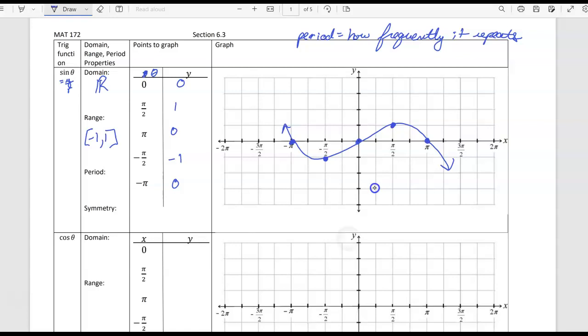So our period here would be the distance from here to here, which would be 2 pi. And then symmetry, this guy's going to have odd symmetry, it is symmetric about the origin.